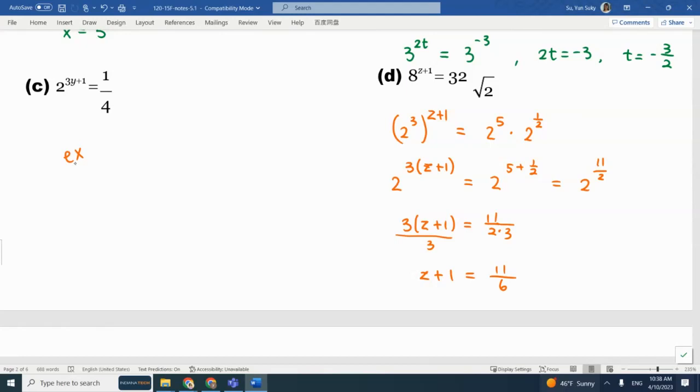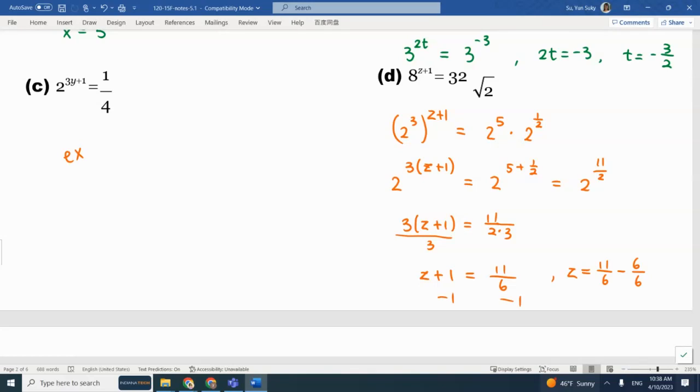Okay, now what do we do? Subtract 1 on both sides. So z is 11 over 6 minus 1. 1 is like 6 over 6. Be careful, everybody. Don't just put 10 over 6. You do not just subtract 1 from the numerator, okay?